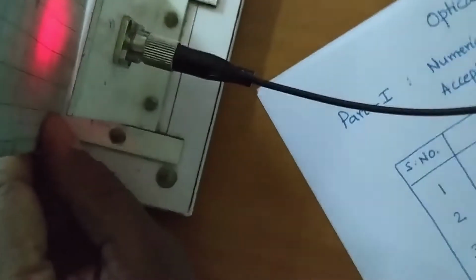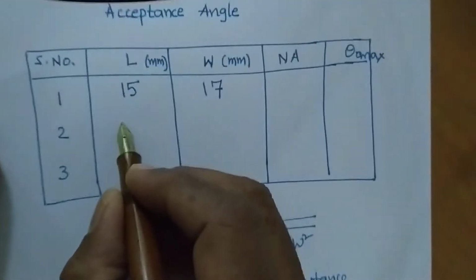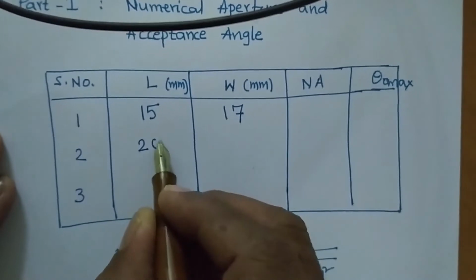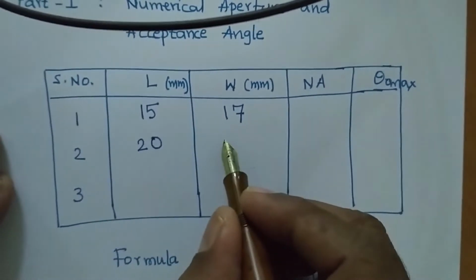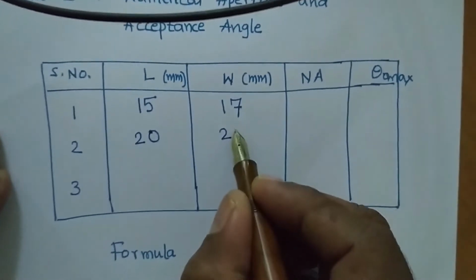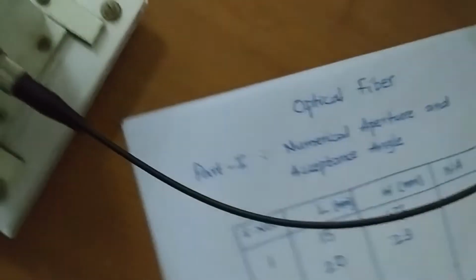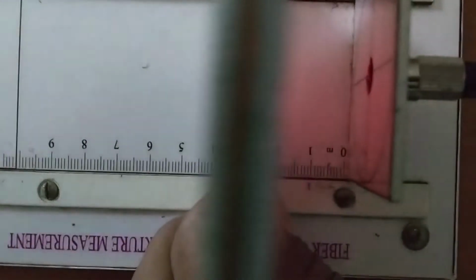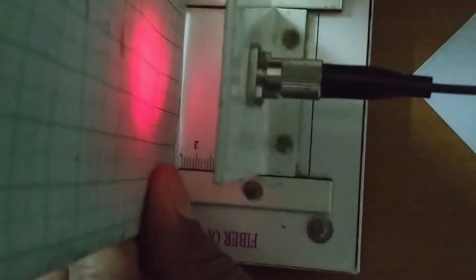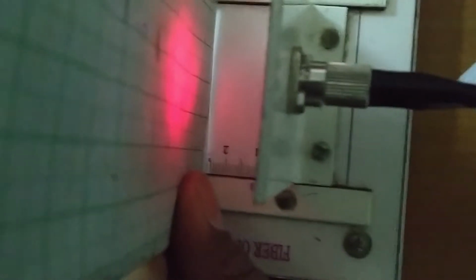So I write down the second reading: 20 is the length where we kept the screen, and 23 is the diameter of the spot. Now I keep the screen at a distance of 25. So I keep this at 2.5. And I measure the spot width.